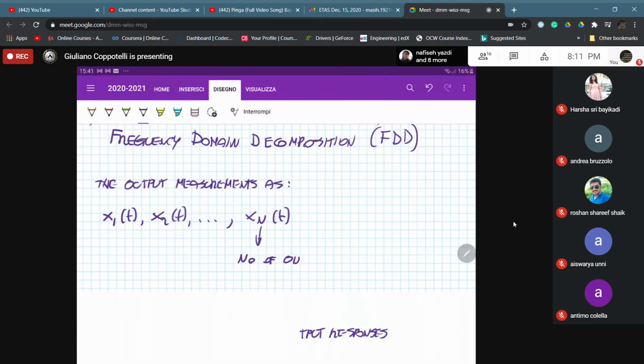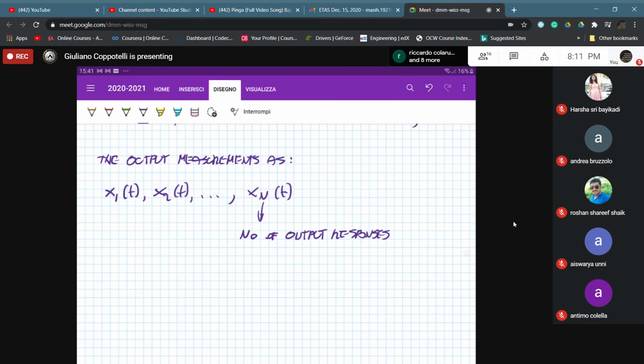With that, we can build our power spectral density matrix of the output. Let me call that Gxx of omega.